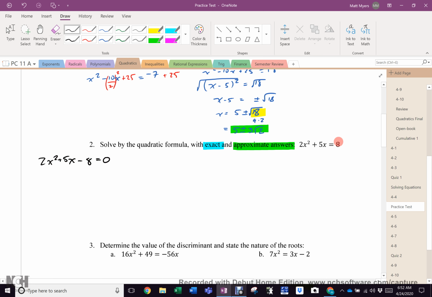So that is negative 5 plus or minus the root of 5 squared minus 4 times 2 times negative 8, all over 2 times 2, which is negative 5 plus or minus the root of 89 over 4.